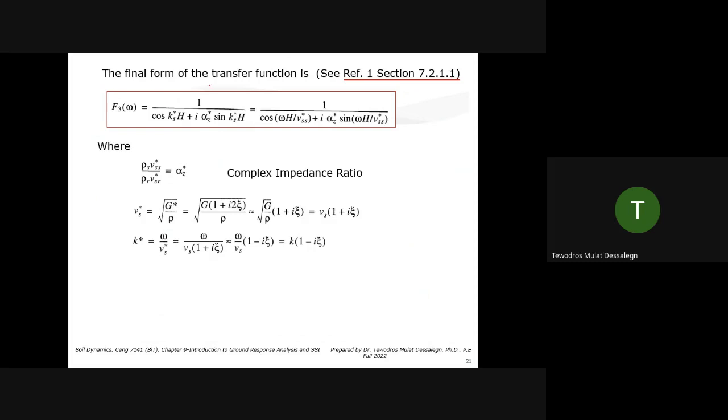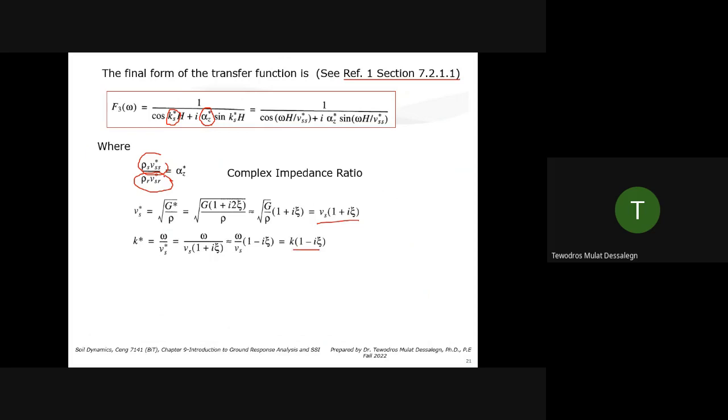So now the transfer function has this complex impedance ratio, which contains the rock part. So now rock is introduced. Again, because we introduced damping, the wave numbers, the shear wave velocity, the G, they are in complex numbers.